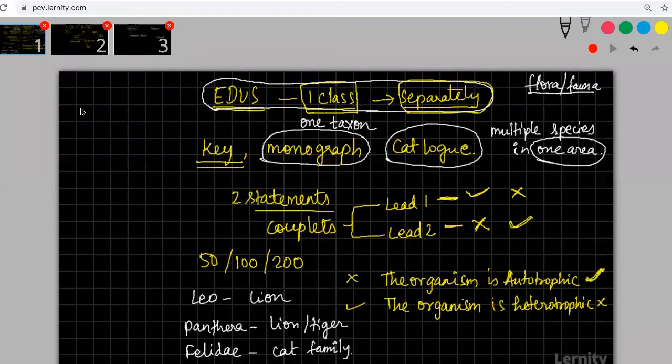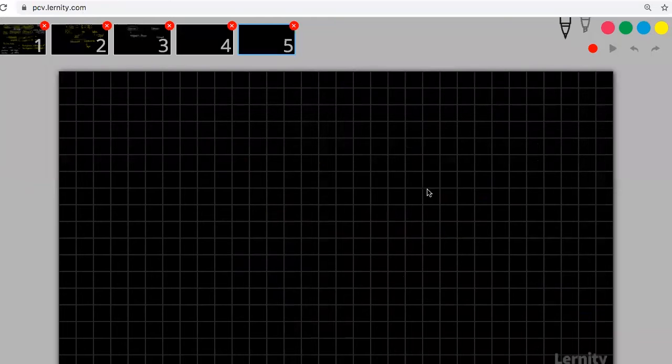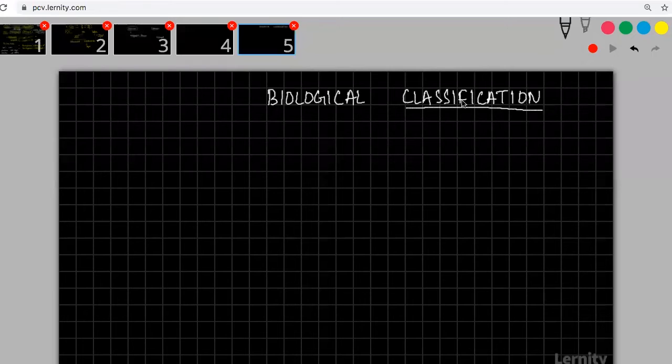Okay, so now we'll move on to the next lesson. Biological classification. Okay, so we are starting this new chapter.